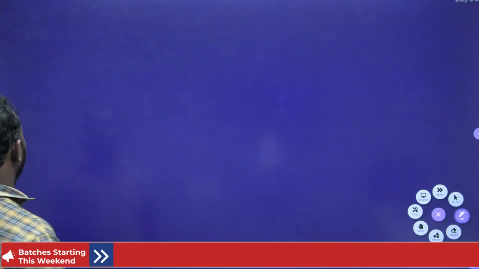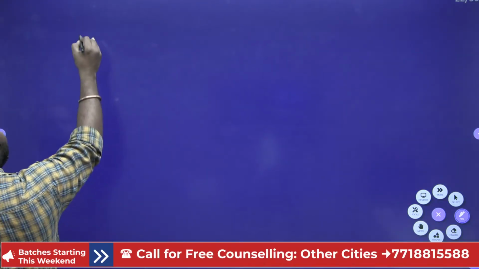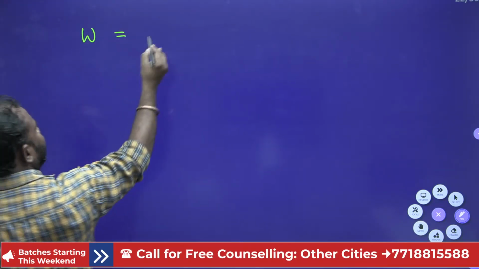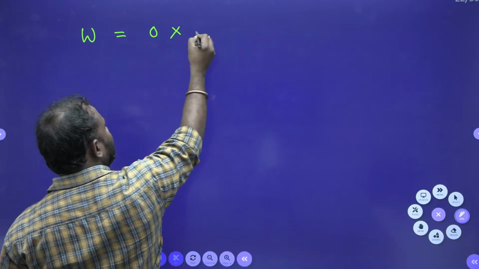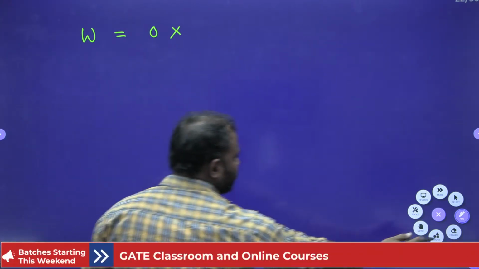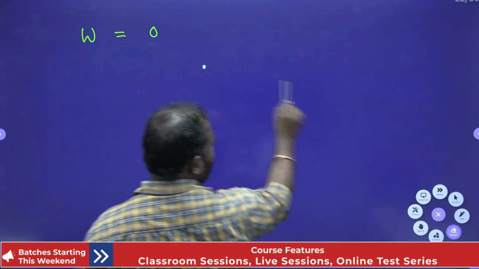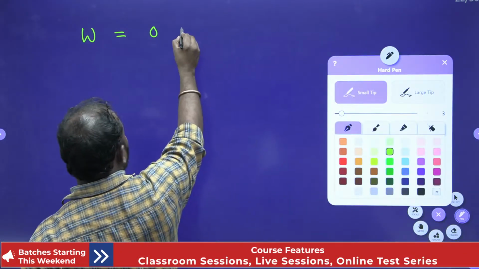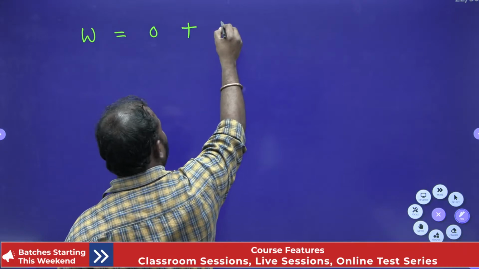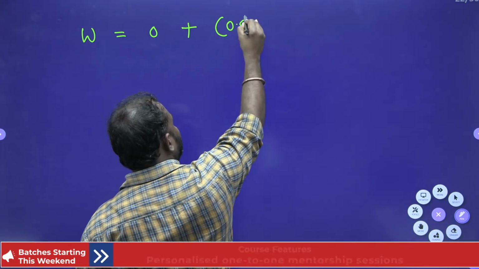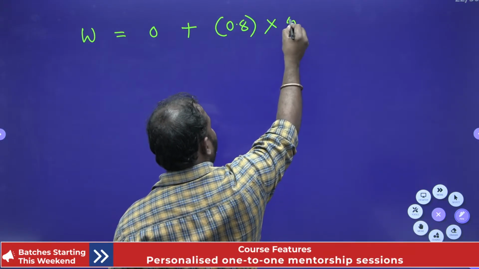So W we do not know. W naught is 0, alpha is 0.8 and t is 5 seconds.